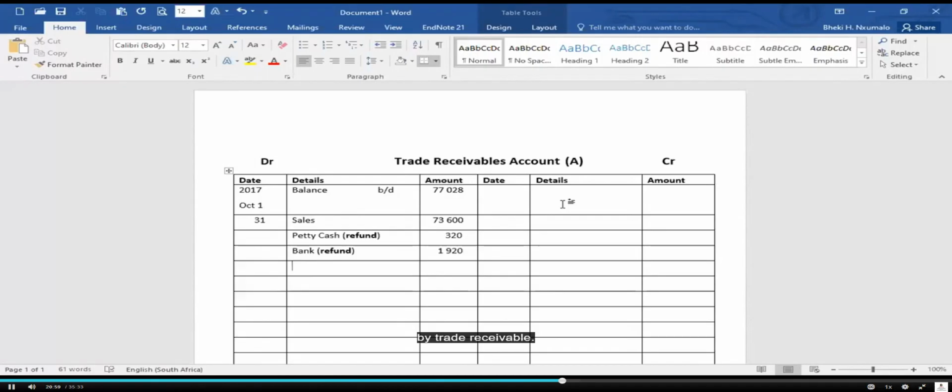So in other words, you are no longer refunding. It says now you receive cash from your clients, but in this case it must be stated this is a refund. So you'll get marks if you state this is a refund.